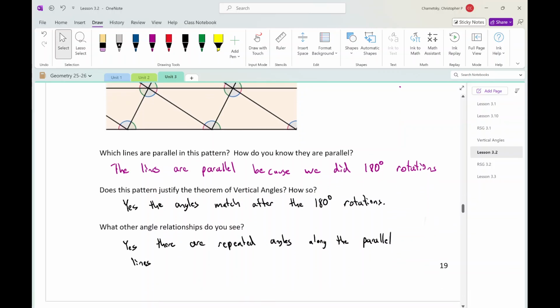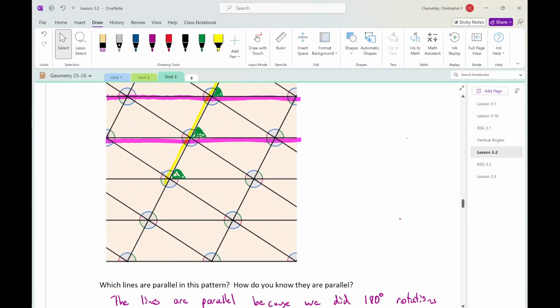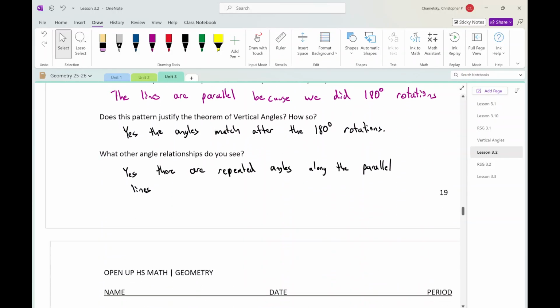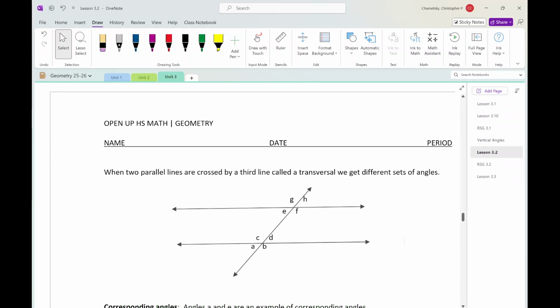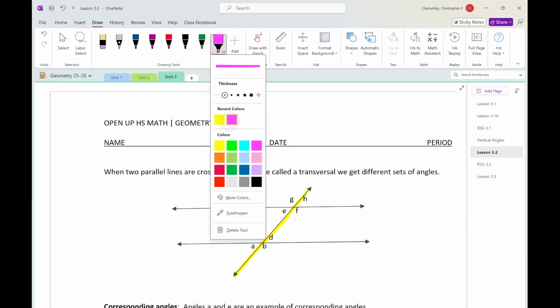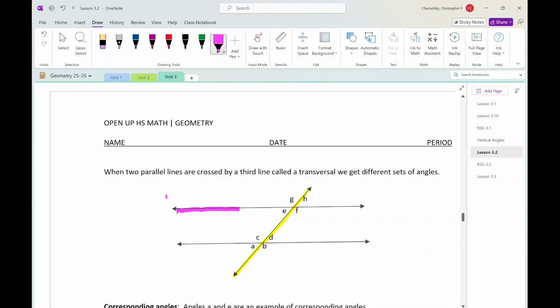And if we take those parallel lines, these two pink lines and that yellow one, and we pull them out. Okay, so here's the yellow line. Here's the two pink lines.